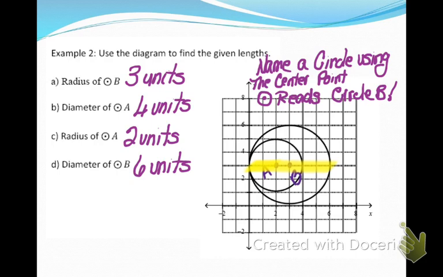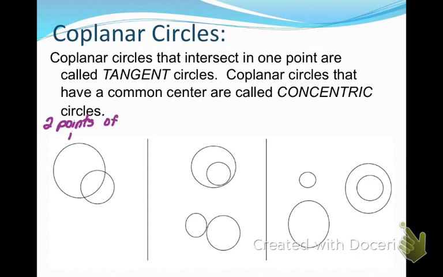All right, so now you know how to name a circle and find the diameter and radius if it's in a coordinate plane. There's also things called coplanar circles, and sometimes they have 2 points of intersection, one point of intersection, or no intersections.